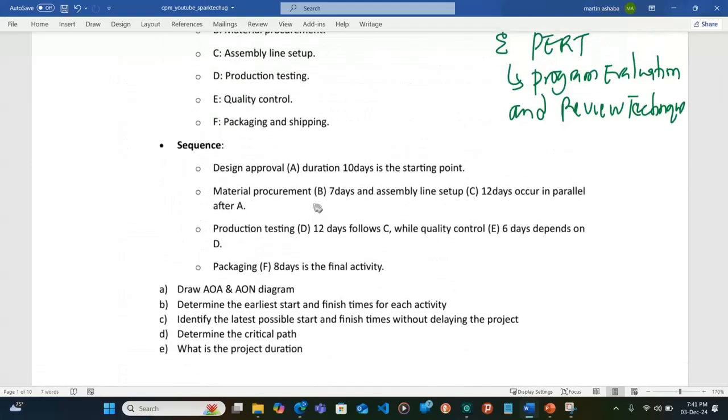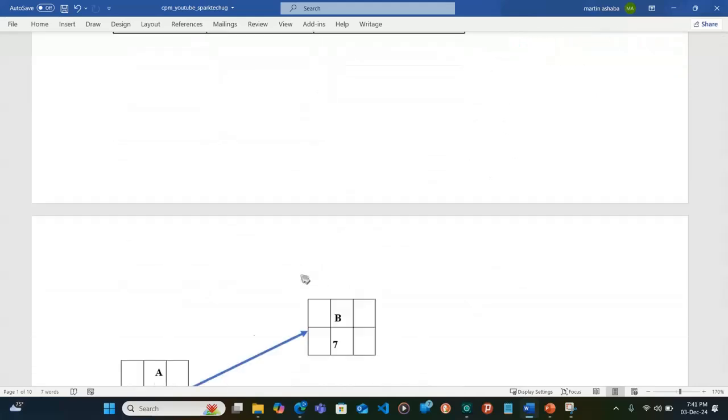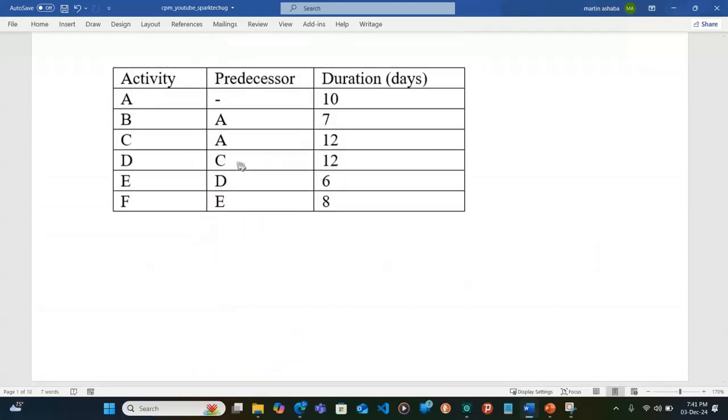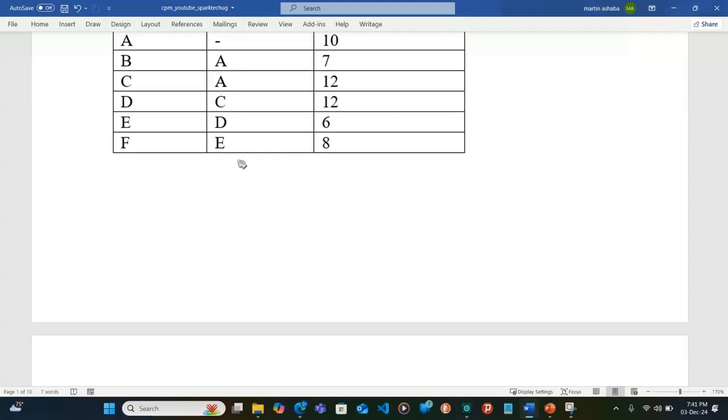So let's right away look at how we can get the activity on node diagram. So we are going to draw, first of all, let's first pick those activities. When you look at A, it is a starting point, if I'm talking about activity on node.